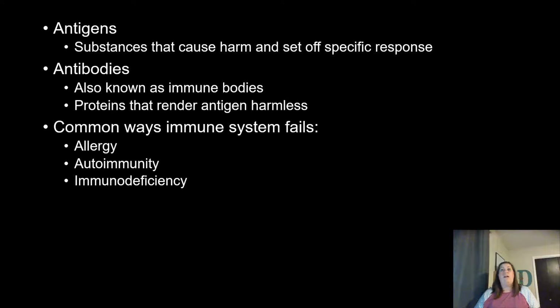AIDS stands for Acquired Immunodeficiency Syndrome. That's what AIDS stands for, and it's caused by HIV taking out your white blood cells, making your immune system not able to fight like it should. So these are going to be areas where your immune system fails.